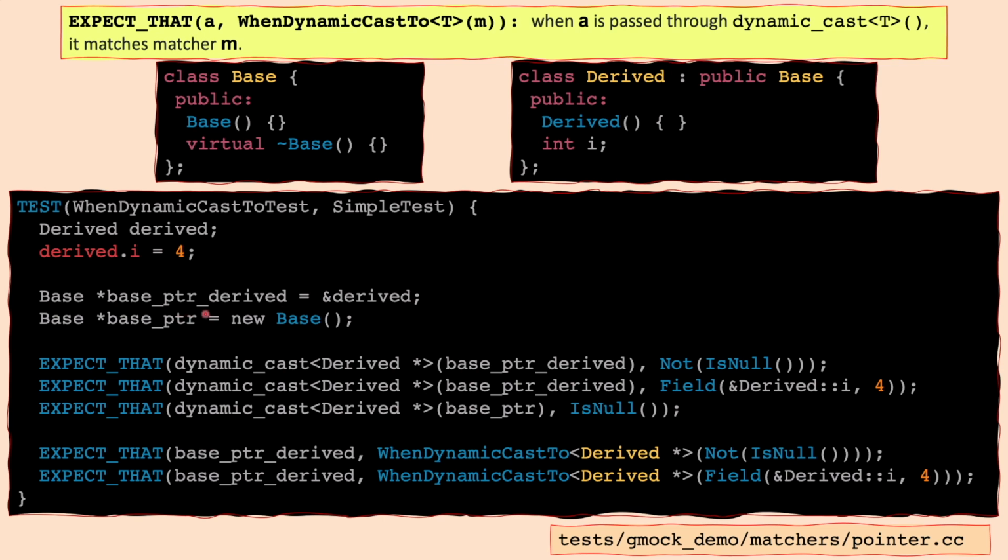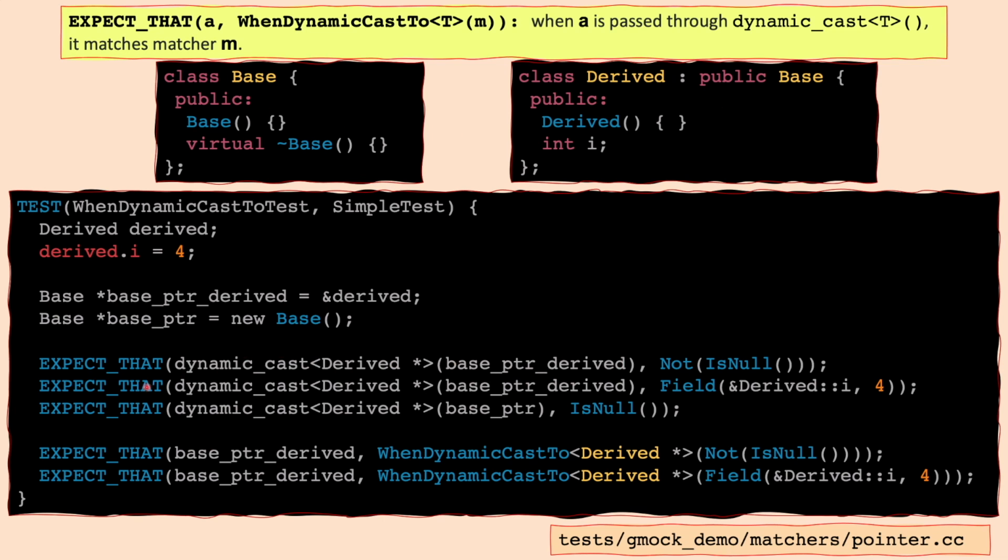Suppose I define this pointer and also I define a base pointer that is actually pointing to an object of type base. So this one is a base pointer pointing to base. This one is a base pointer pointing to derived. Also, remember in C++, dynamic cast can tell you at runtime if this pointer is pointing to the base object or to the derived object.